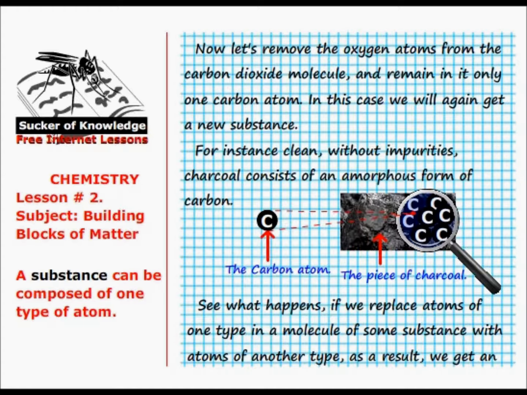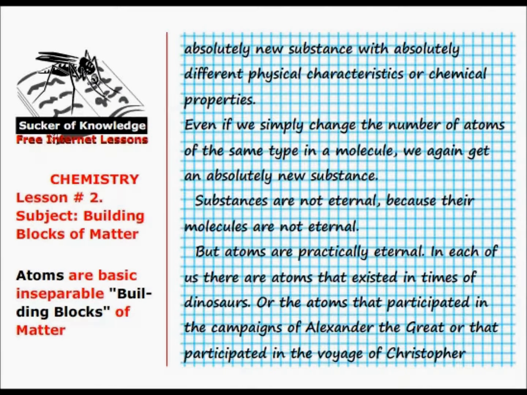In this case, we will again get a new substance. For instance, clean charcoal, without impurities, consists of an amorphous form of carbon. See what happens if we replace atoms of one type in a molecule of some substance with atoms of another type. As a result, we get an absolutely new substance with absolutely different physical characteristics or chemical properties.